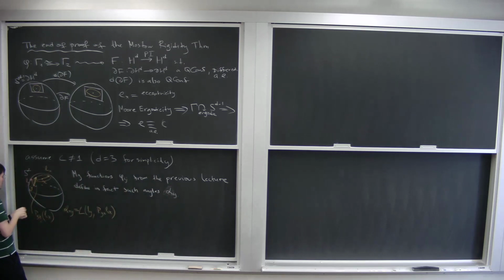Then the idea is that if I have 3 points, I can make a loop. I can walk around this triangle and come back.